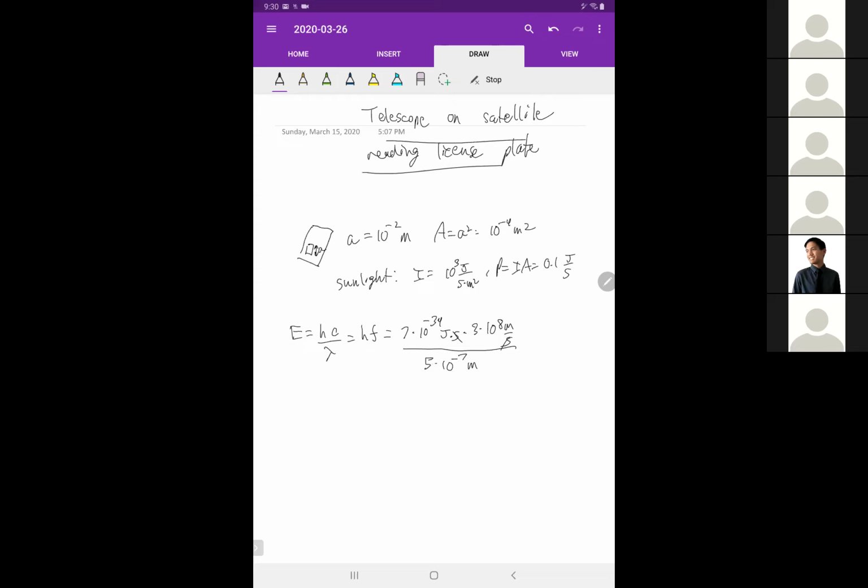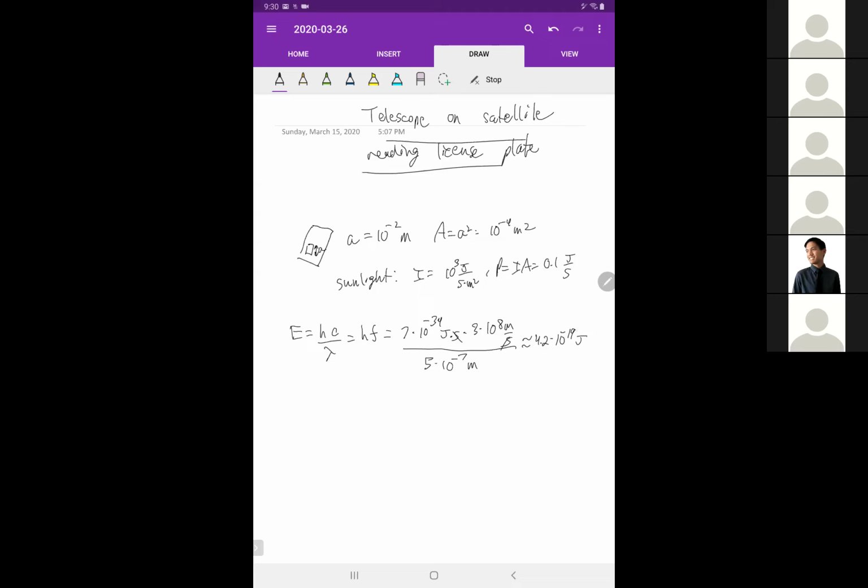So 7 times 3 is 21 over 5. That's roughly, well, we'll do 4.2 times 10 to the minus 19 joules.